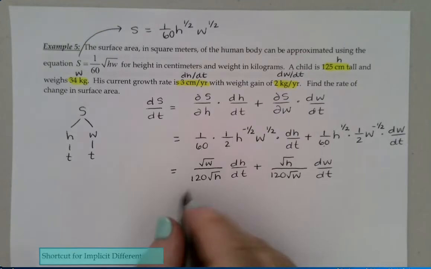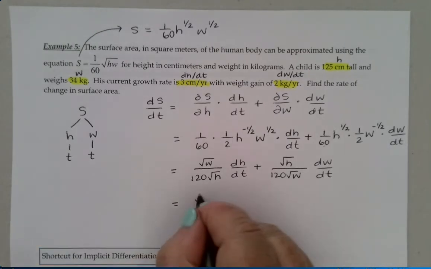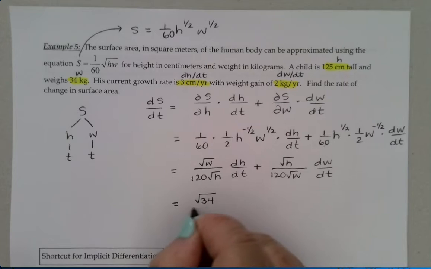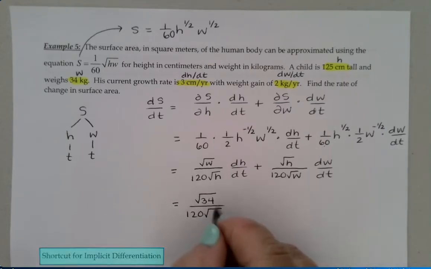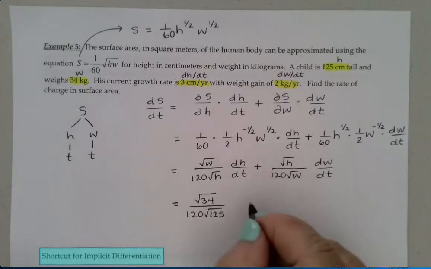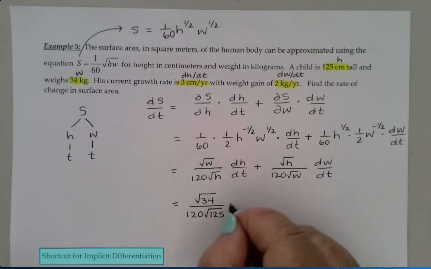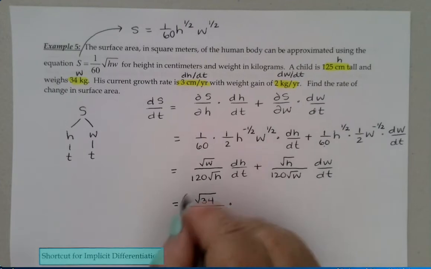So I just plug it all in: 34 for W, 125 for H, times the dH/dt, which is 3.